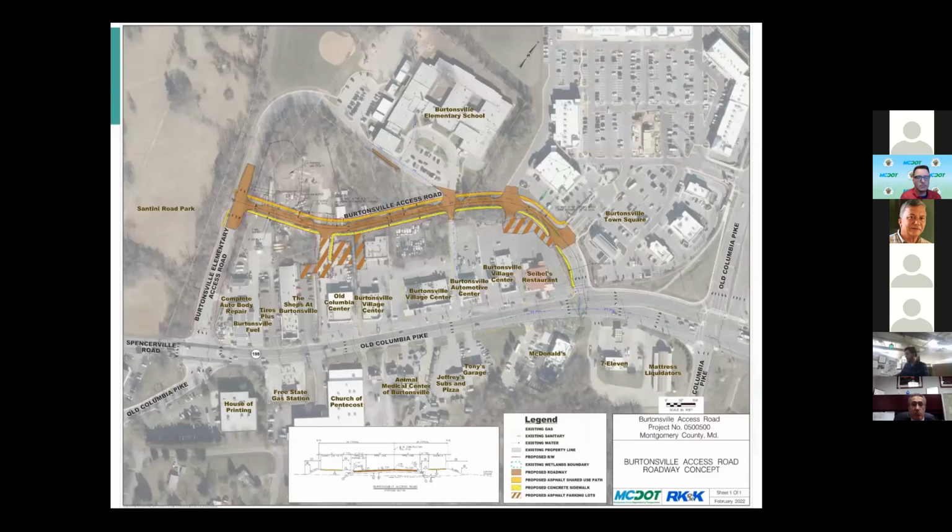Having said that, I believe once this road is constructed, their operation will actually improve. Right now, it's kind of like a narrow alley that they have to use to get access to the road, and then they exit from Burtonsville Elementary Access Road, which is signalized.